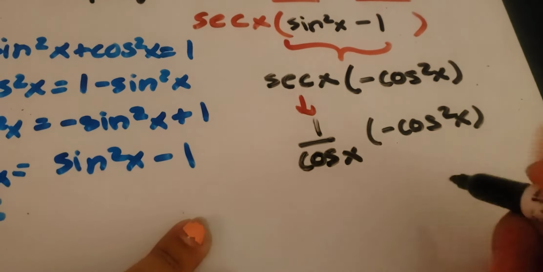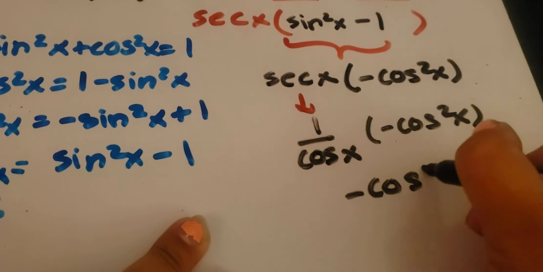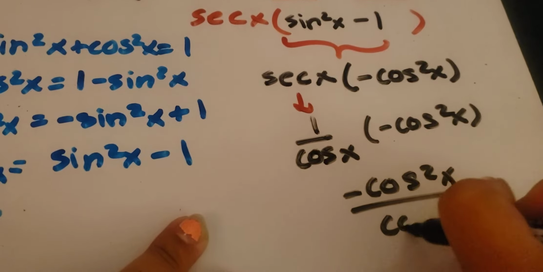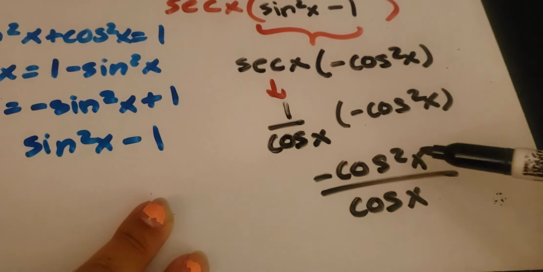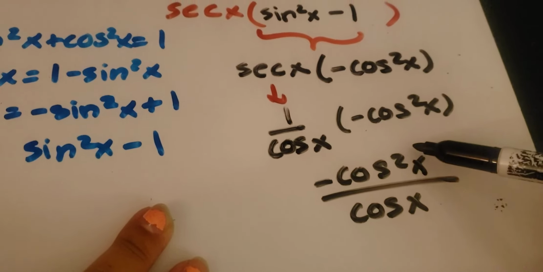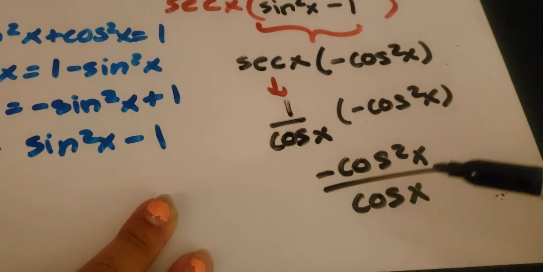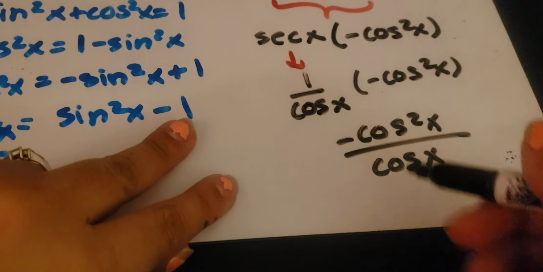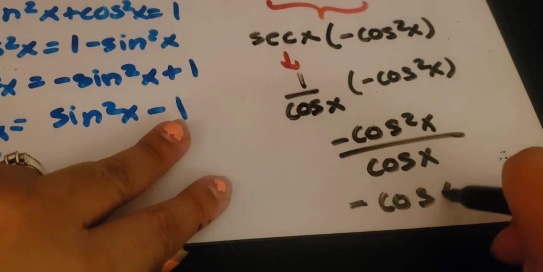It's the same as negative cosine squared of x over cosine of x. There are 2 cosines up here because it's squared, and 1 here. So I can factor 1 in each, and what's left is negative cosine of x.